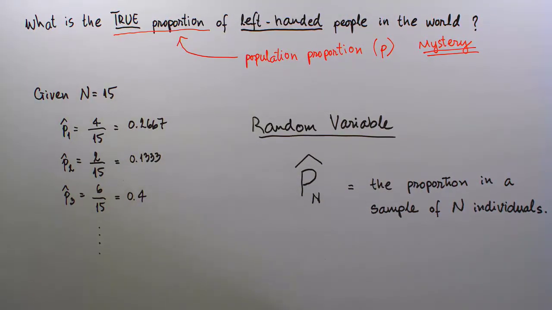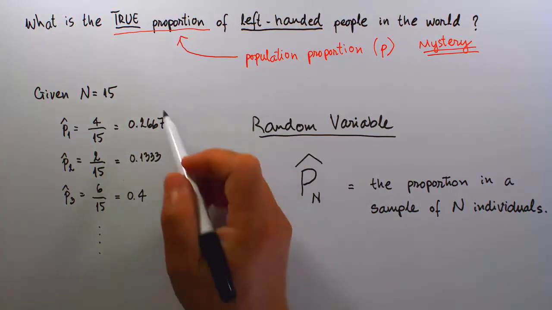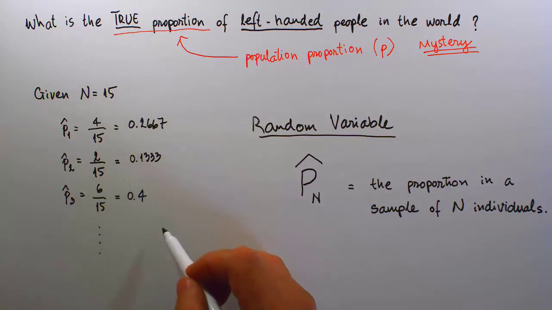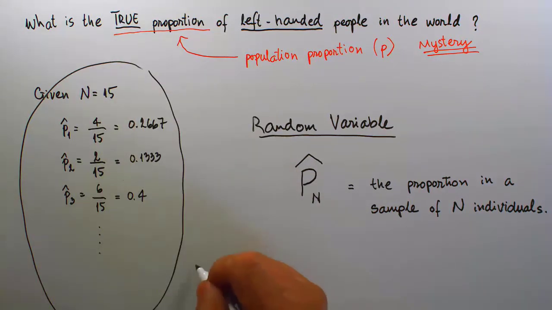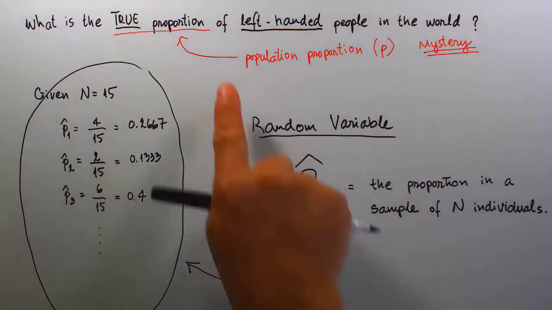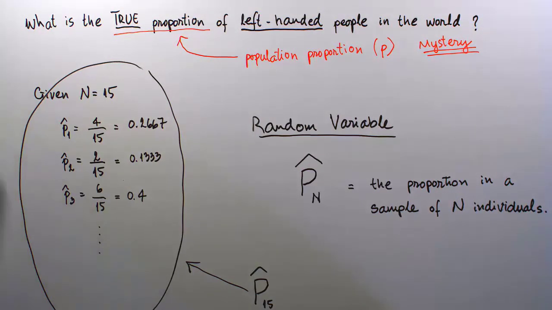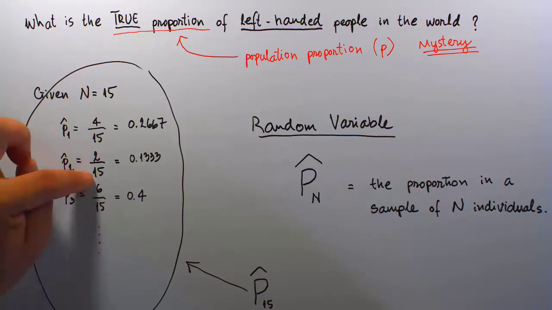Okay, so meaning if we apply this understanding to this particular sampling distribution of our proportion here, then any of these values here, I can regard as a general random variable capital P hat, where the sample size is 15 on each. Or in other words, particularly in this study about the true proportion of left-handed people in the world, each of these values is a sample proportion of left-handed people from a sample of size 15.